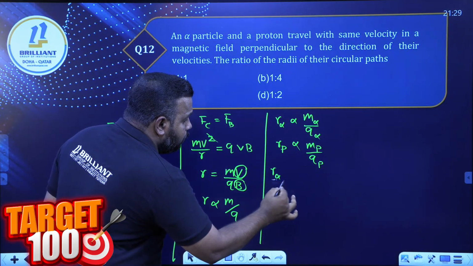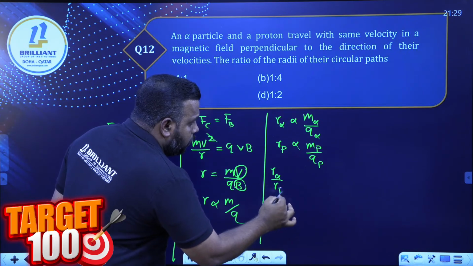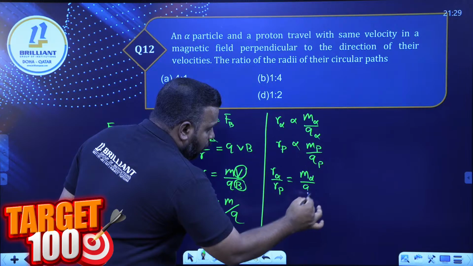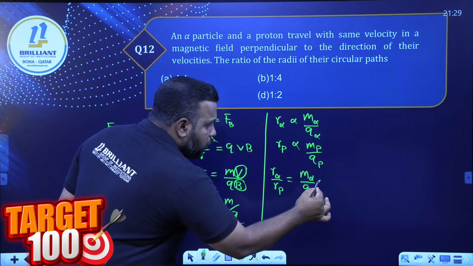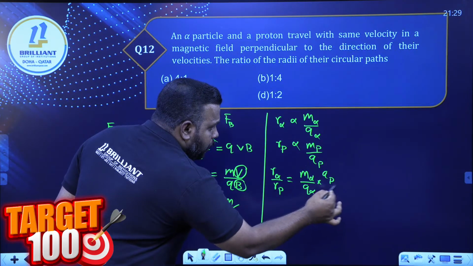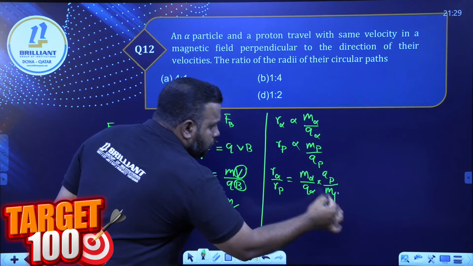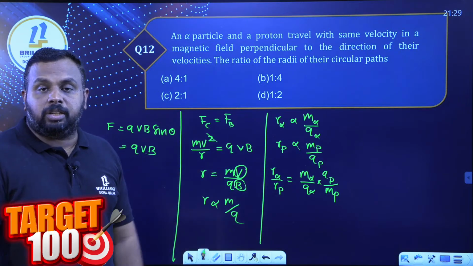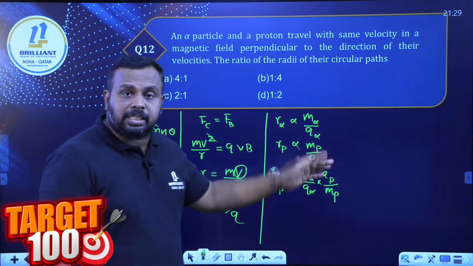So R alpha by R proton will be equal to, take the ratio of this term, so we get M alpha by Q alpha divided by MP by QP, means it will be multiplied by QP by MP. That's it. We got the required formula. Now we can just substitute.